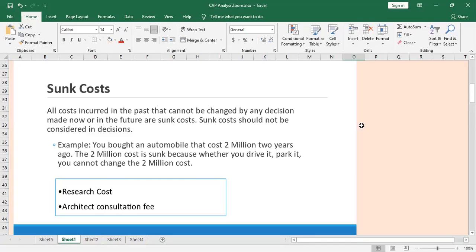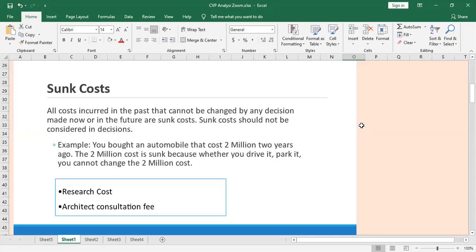When you are making that decision, there's no point thinking about the cost that you had to bear when you were buying your car, because that anyway cannot be eradicated. It is there. You have already incurred that. You cannot change that when it comes to this particular decision, right? So that is sunk cost.